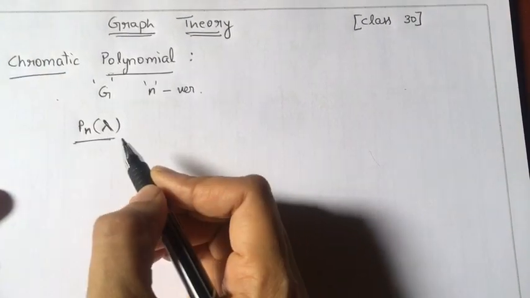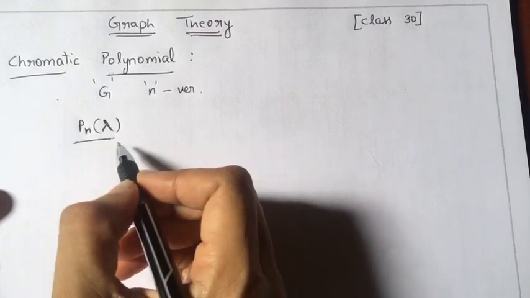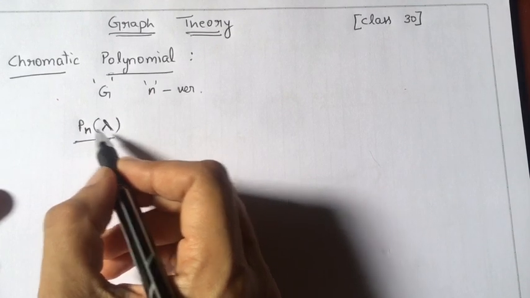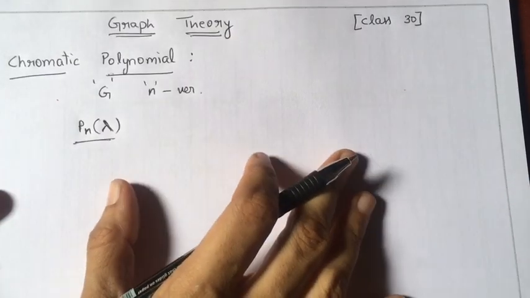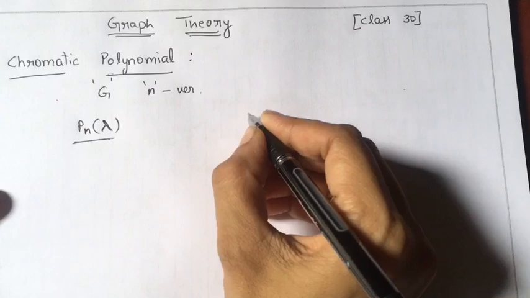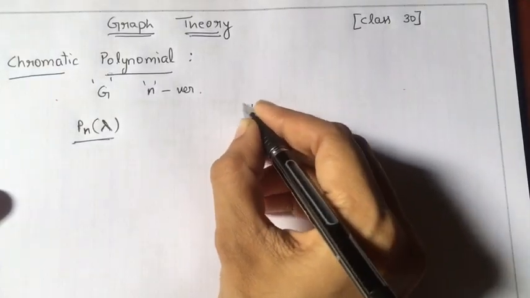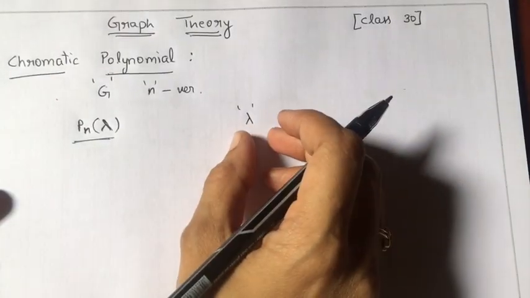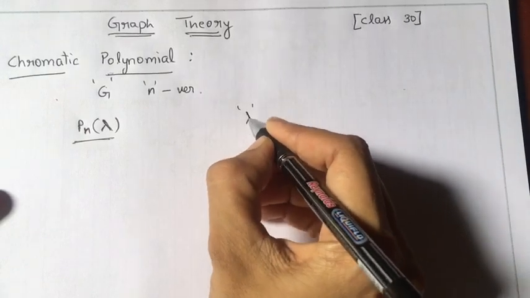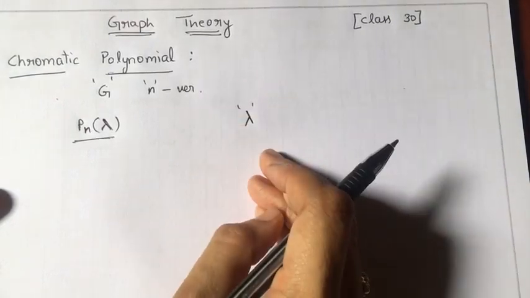I'm using this notation. The value of the chromatic polynomial of a graph with n vertices gives me the number of different ways of properly coloring the graph using lambda or fewer colors, at the most lambda colors or less than this.